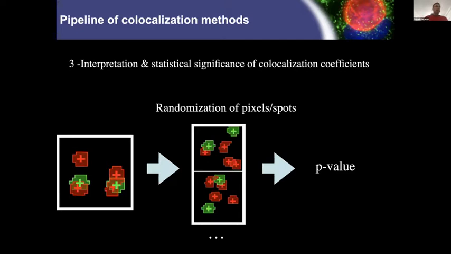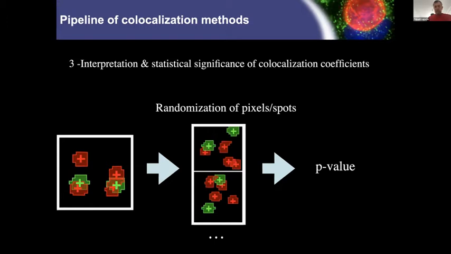Most of the time, what you can do is shuffle your signal, or randomize your localization, to extract some p-values and statistics. But that's not really easy. So this was just a general overview of a colocalization pipeline.